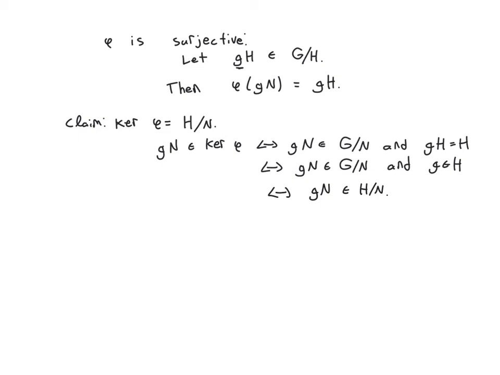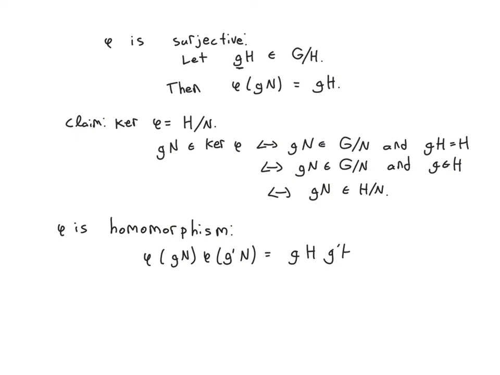So finally, to recap, well, I still need to show it's a homomorphism too. So given two cosets, phi(gN), phi(g'N), the product of the images is gH times g'H, which by definition is gg'H, which is exactly what you get when you take the image of gg'N, which is exactly what you get from the product.